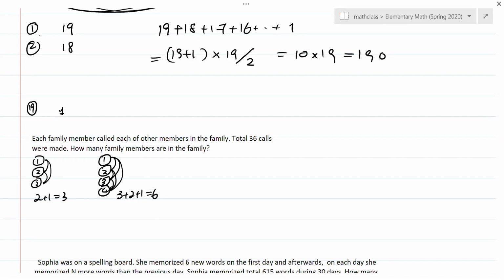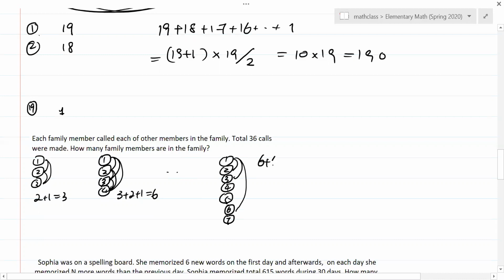Okay, right? And I have to probably jump. It's going to be slow. Let's try 7. If I try 7, I will get 1, 2, 3, all the way to 7.